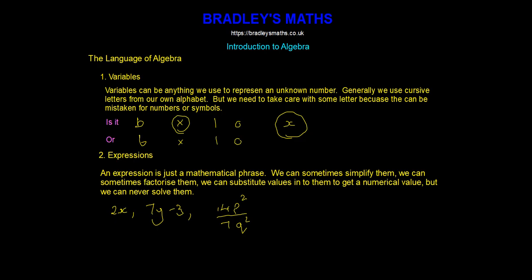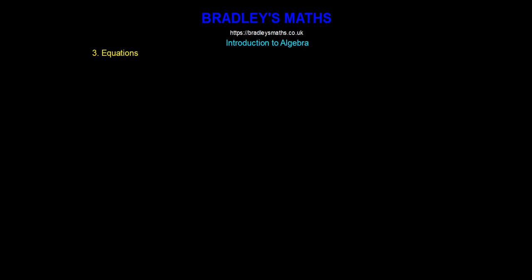These are all expressions. None of them have an equal sign. They do not have an equal sign, so they are not equations. That's the big difference between expressions and equations. Equations have an equal sign, every single one of them.